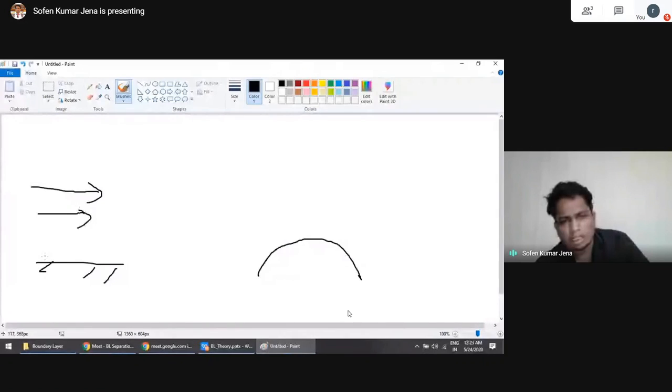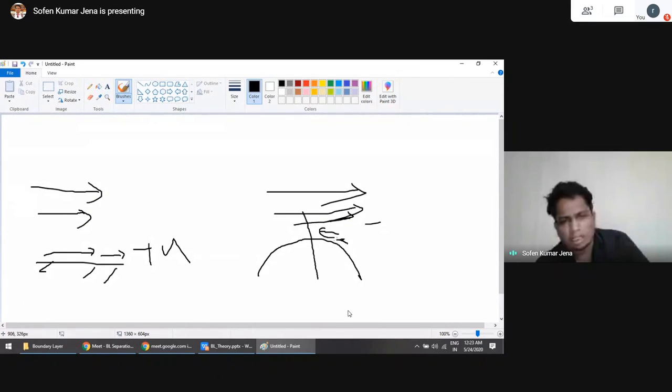That's why any fluid over the flat boundary layer is pulled in the free stream direction. This is the positive u. But again, in this region where the pressure gradient is adverse, what will happen? The free stream is trying to pull something in the forward direction, but the flow is coming in the reverse direction. The flow adjacent to the boundary is moving in the reverse direction. That is a negative u.